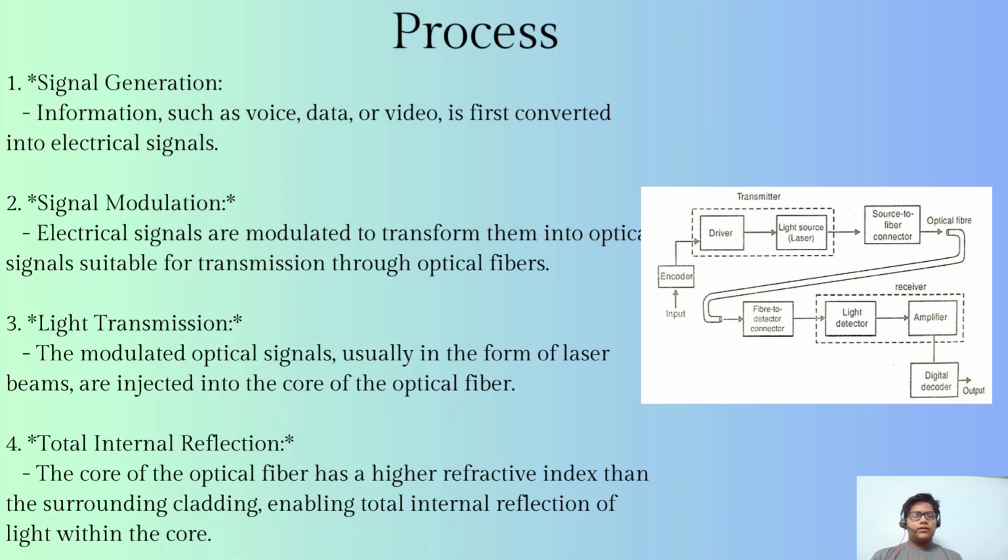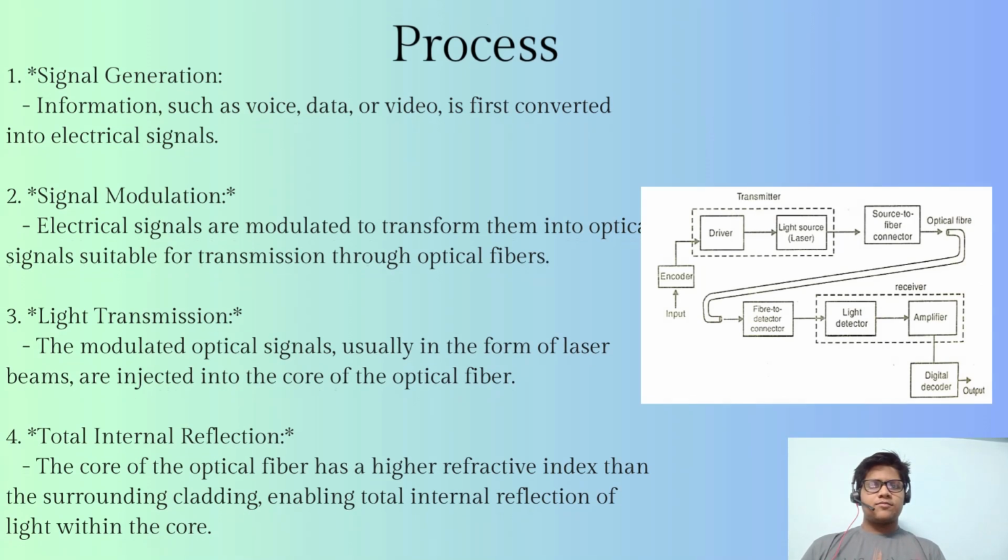And then the third key element is light transmission. The modulated optical signals, usually in the form of laser beams, are injected into the core of the optical fiber. Then the light is transmitted through the optical fiber by total internal reflection.